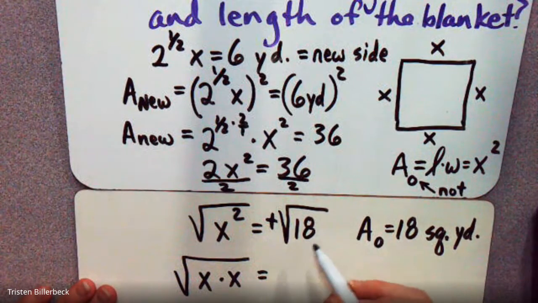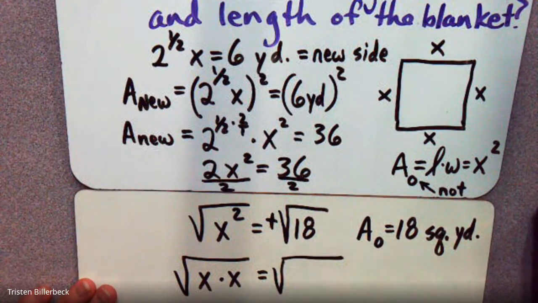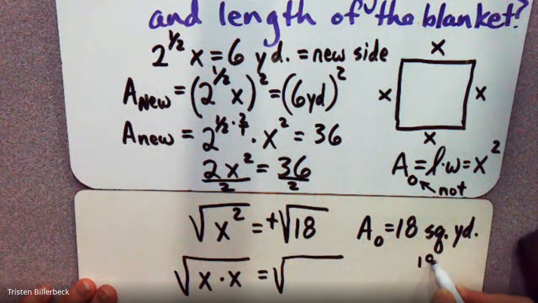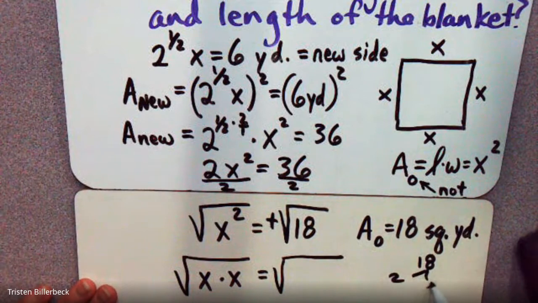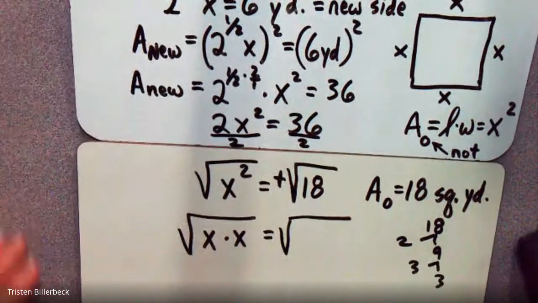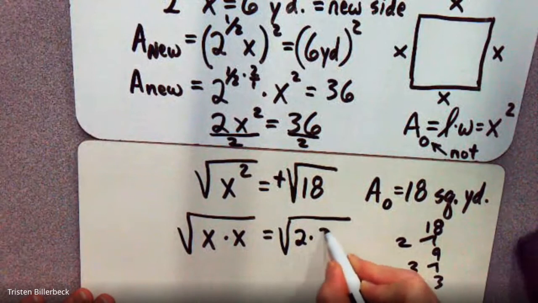Okay, when I prime factorize 18, I have the square root. Let's do 18. If we do a prime factorization on 18, we take a 2 out, we have 9. We take a 3 out, we have 3. So I'm going to put the prime factors in here.